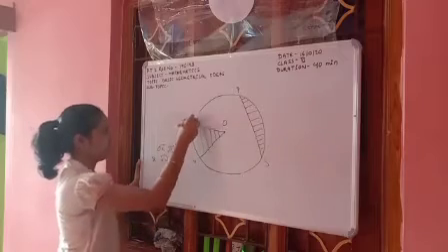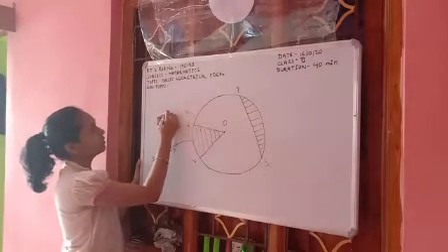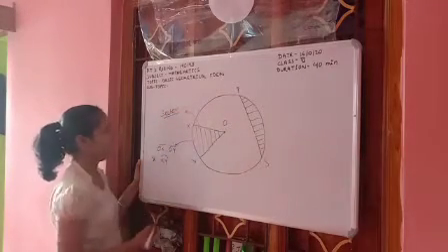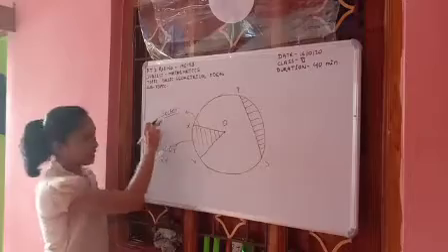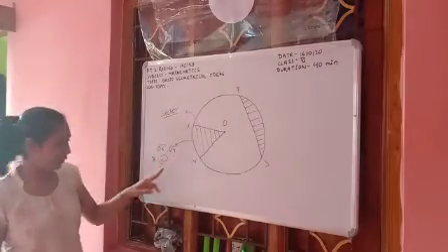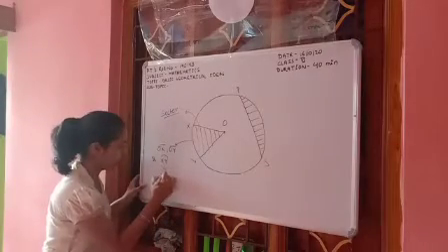We call it a sector. That means a sector is made up of two radii and one arc. This is the arc.